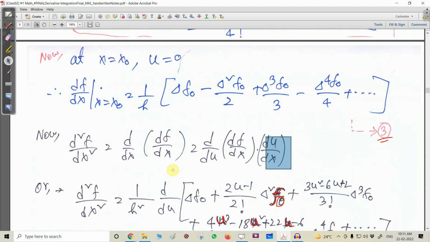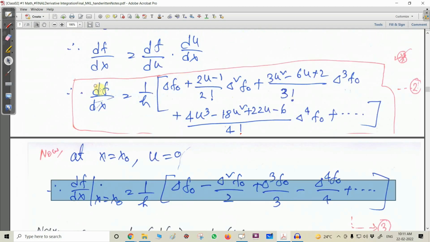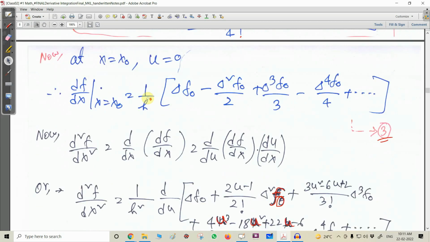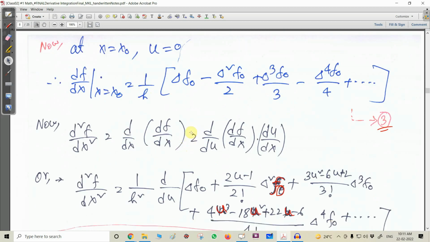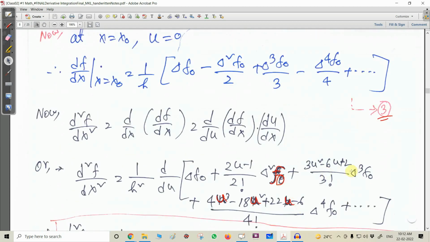Now to find this, what do you have to do? You have to find the d du. You have to find the du dx. You know the df dx, and you will be taking a derivative on this term. It's for x not equal to x0, not this one, this second. So on this second equation we'll be taking a derivative. So d2f dx2 equals to 1 by h square d du, and if you do it, then you will get the result like this.